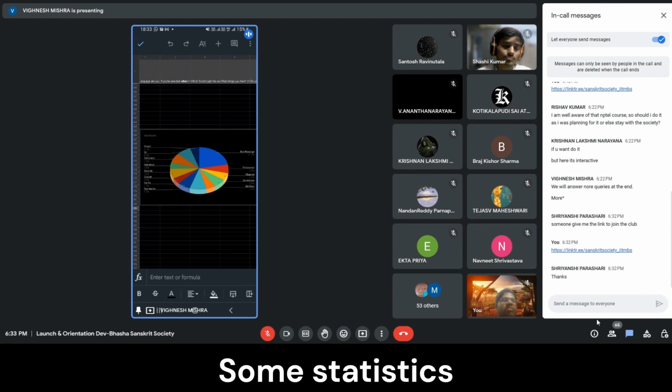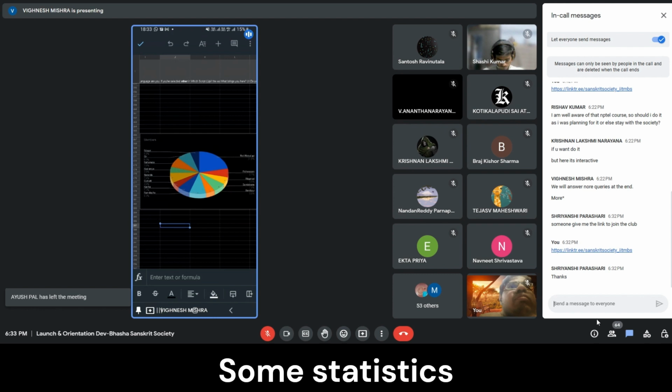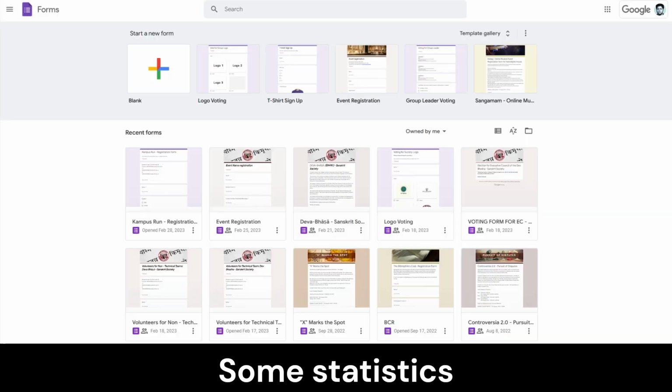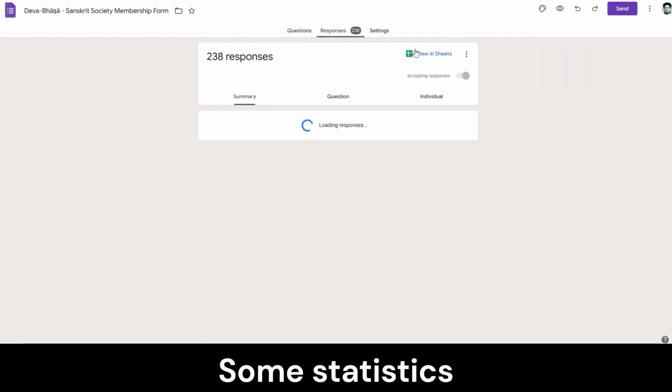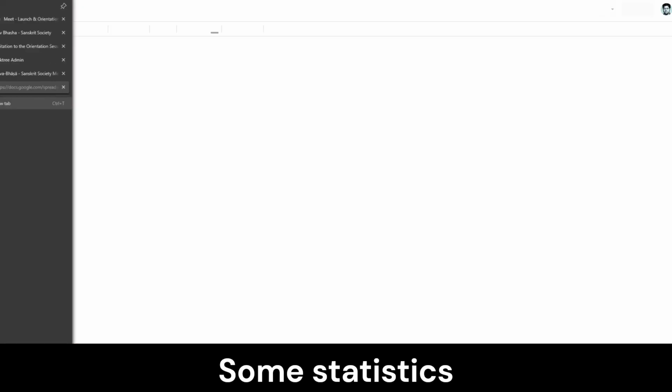The second highest is from the Namdapha Club. The third highest is Gir Club. You can see the statistics are changing live as people are filling the form. So these are the four main graphs. I'll share more such graphs later in the meeting.